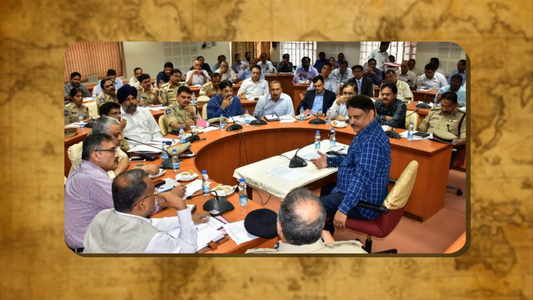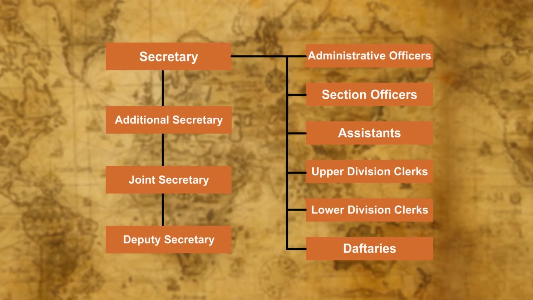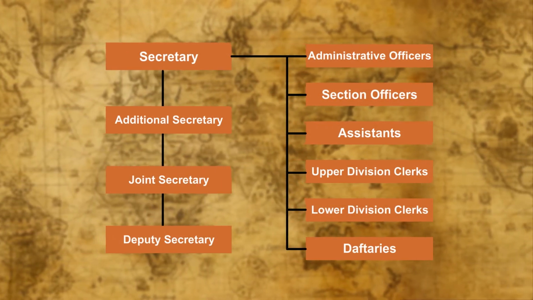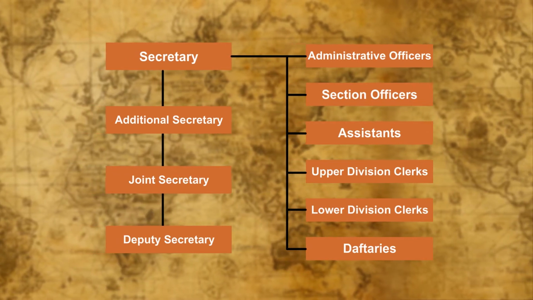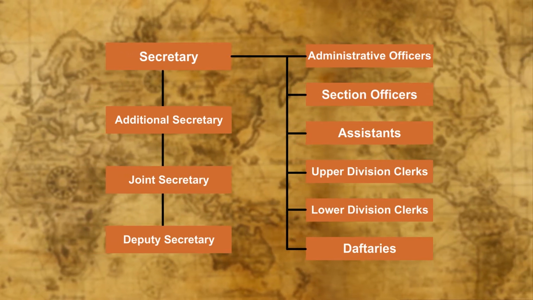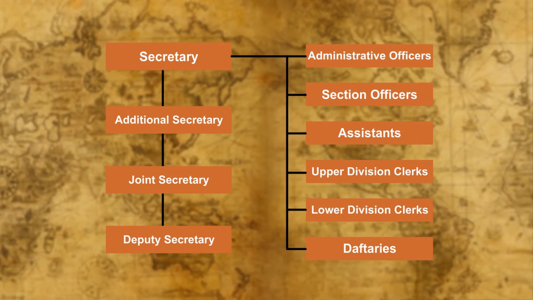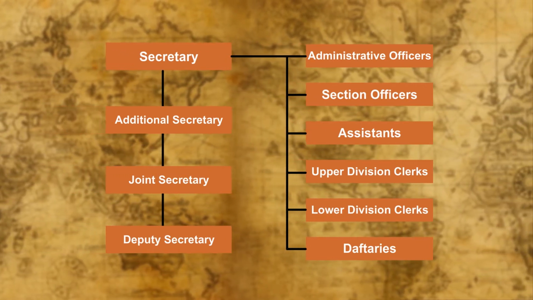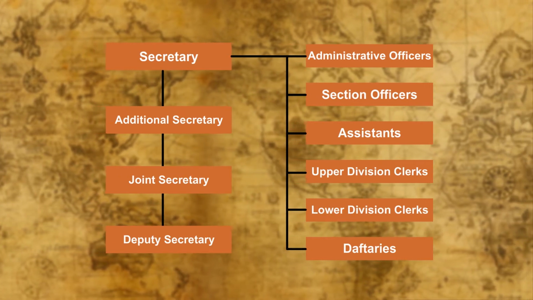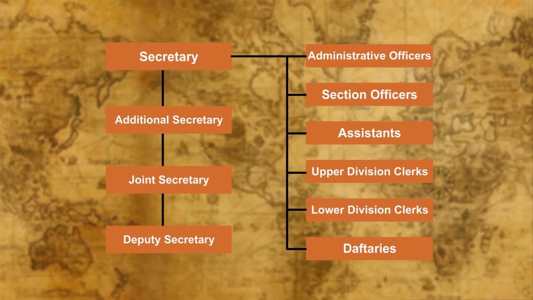The office of the Chief Secretary is known as the Secretariat. The minister's offices are also generally located in the Secretariat. A large retinue of officers, ranking downward from Secretary, Additional Secretary, Joint Secretary, Deputy Secretary, Under Secretary, Administrative Officers, Section Officers, Assistants, Upper Division Clerks, Lower Division Clerks, Daftaris, and other service staff work in the Secretariat to carry out the work of the government.